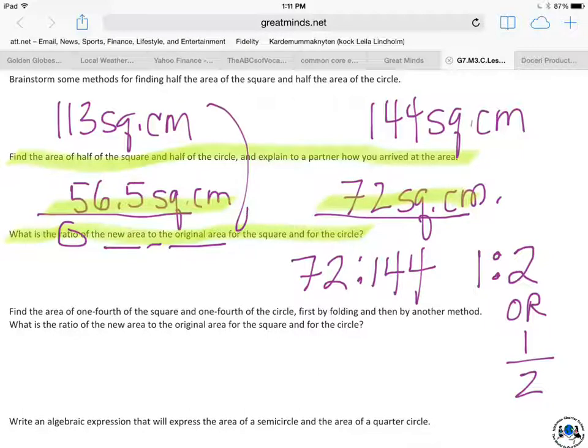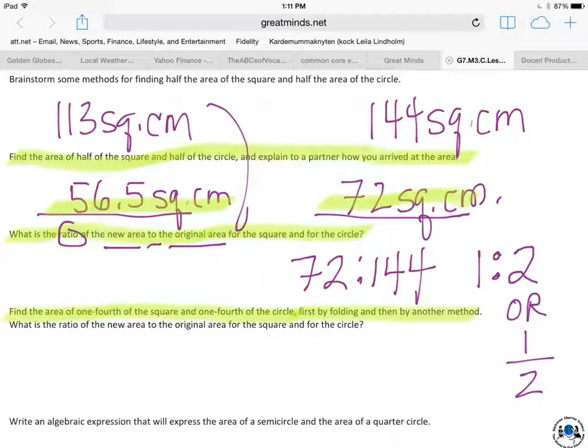Okay? So let's have you complete this one here too. It says find the area of 1/4 of the square and 1/4 of the circle. It says you can do it by folding, but you could use any method you want.